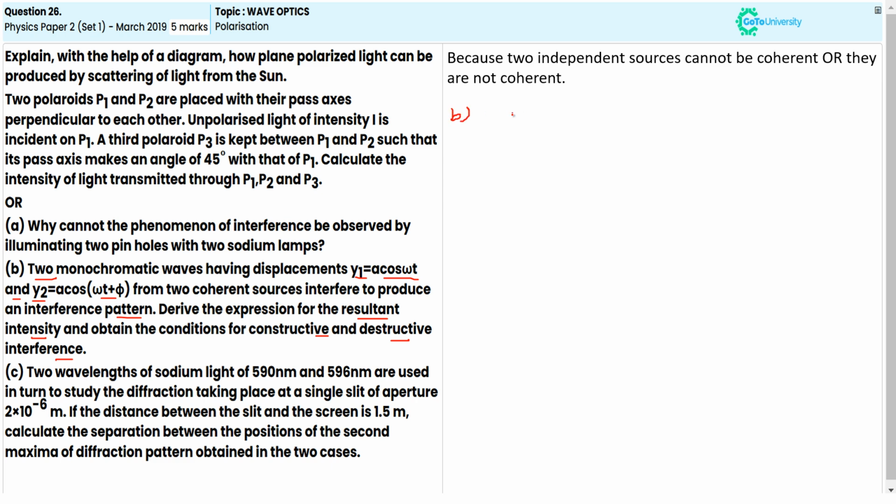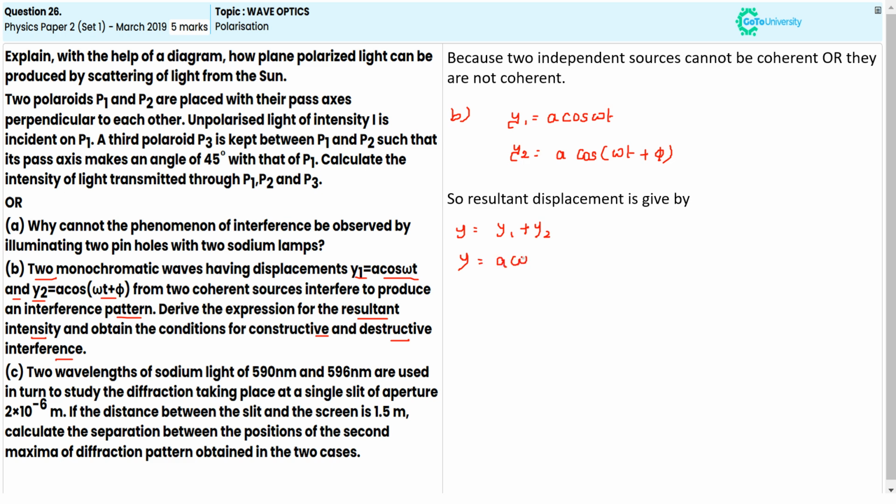B, that is y1 is equal to a times cos of omega t and y2 is equal to a cos of omega t plus phi. So the resultant displacement is given by y is equal to y1 plus y2, then y is equal to a cos of omega t plus a cos of omega t plus phi.